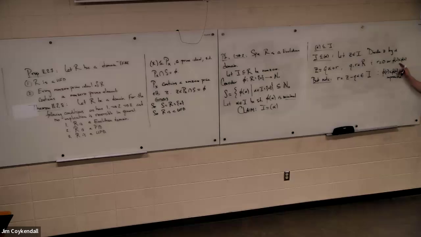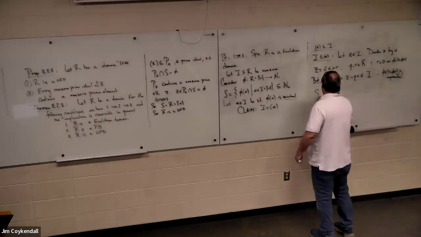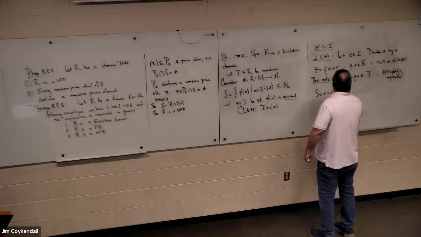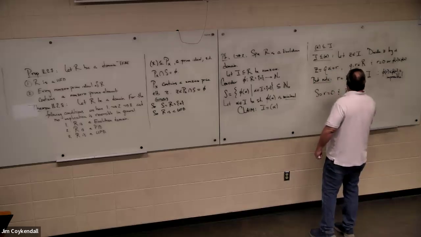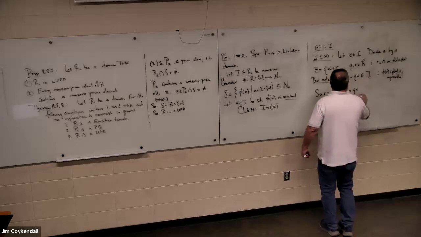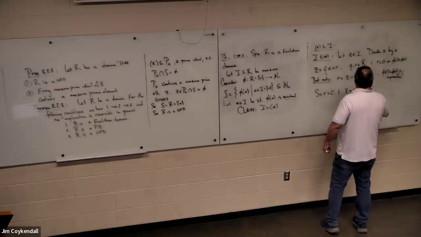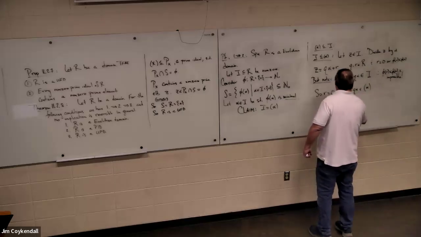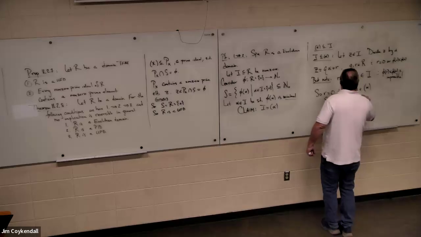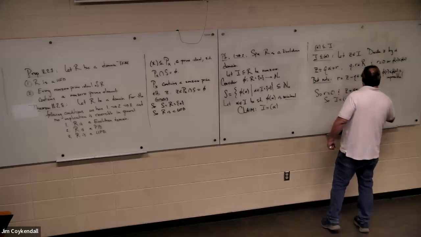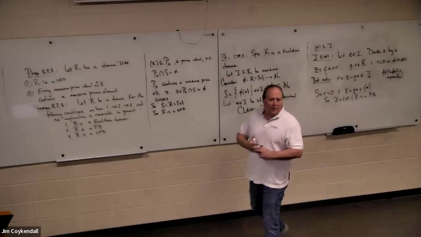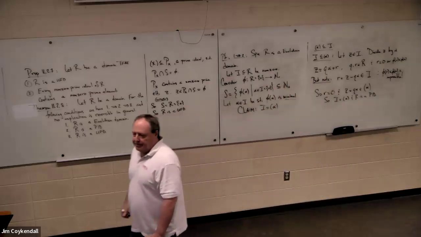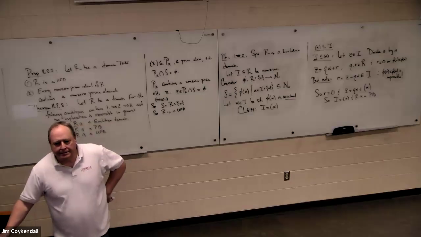So if this is not possible, what must happen? r must be 0, so z is a multiple of α. So if you've got the Euclidean algorithm, it has to be a principal ideal domain, period.